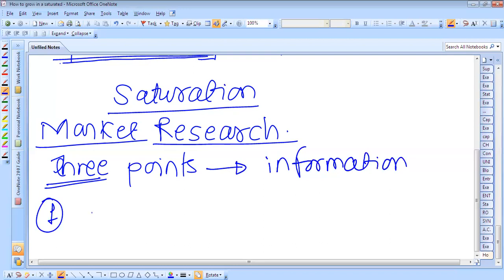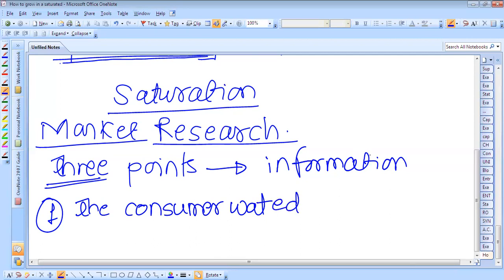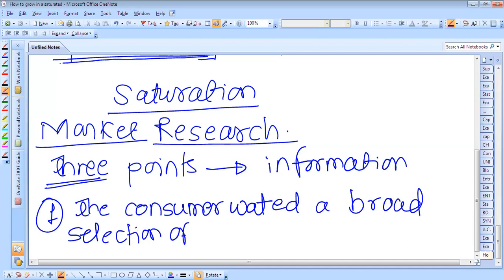The consumers wanted a broad selection of products to choose from.